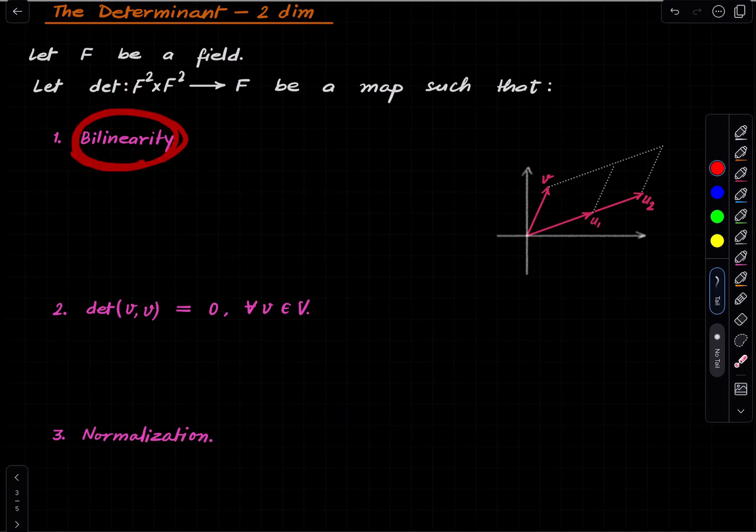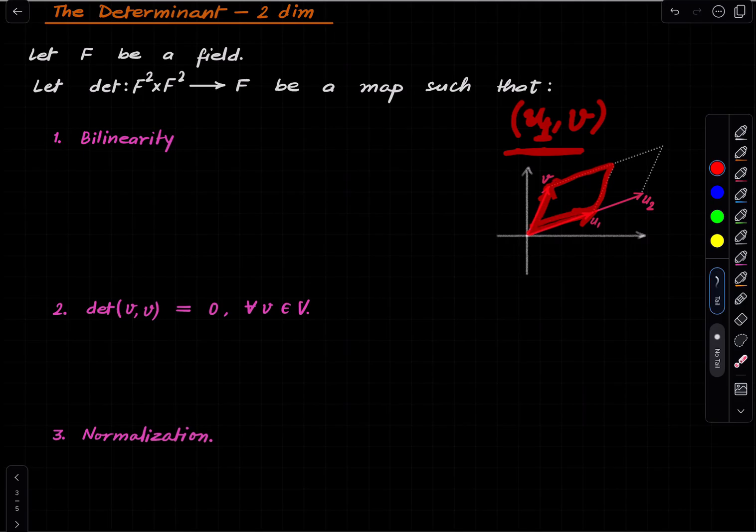So it should be a bilinear function. Let me motivate why we require this property. Suppose we want to assign the area to this pair u1, v. So u1 is a vector in the vector space F2, and we have this pair u1 comma v. The determinant is supposed to answer what is this oriented or signed area. Similarly, for u2 comma v, the determinant is supposed to answer what is this signed area.